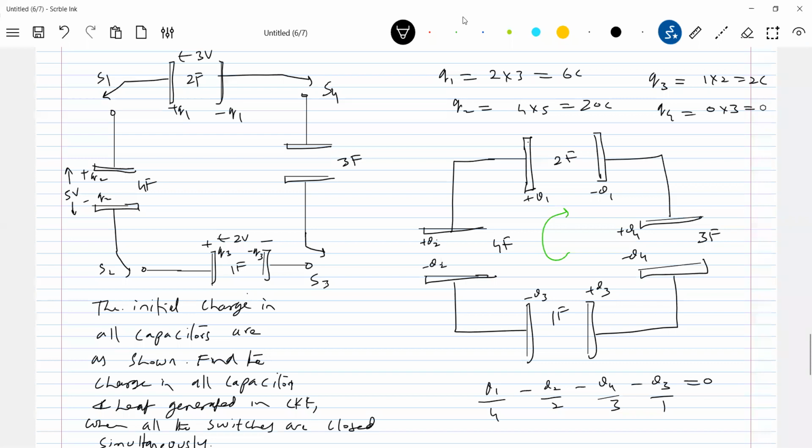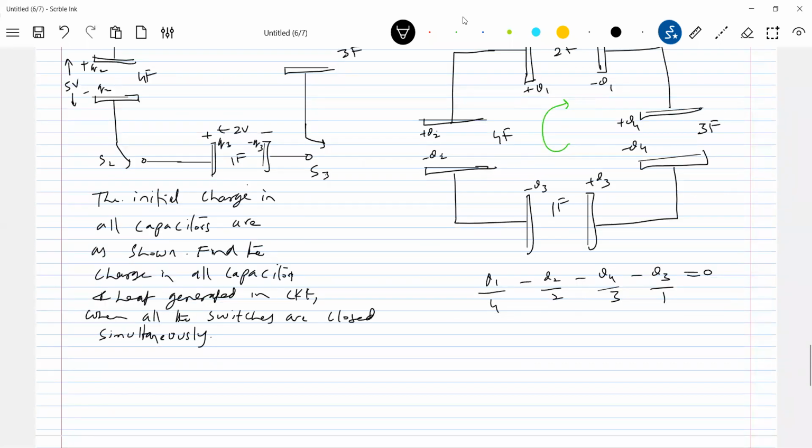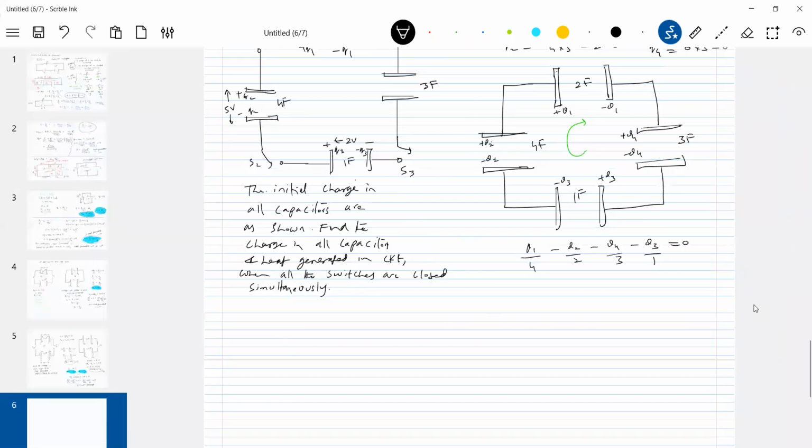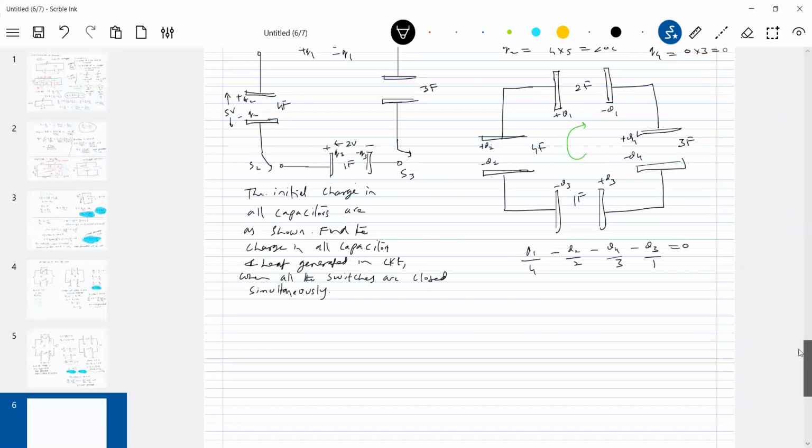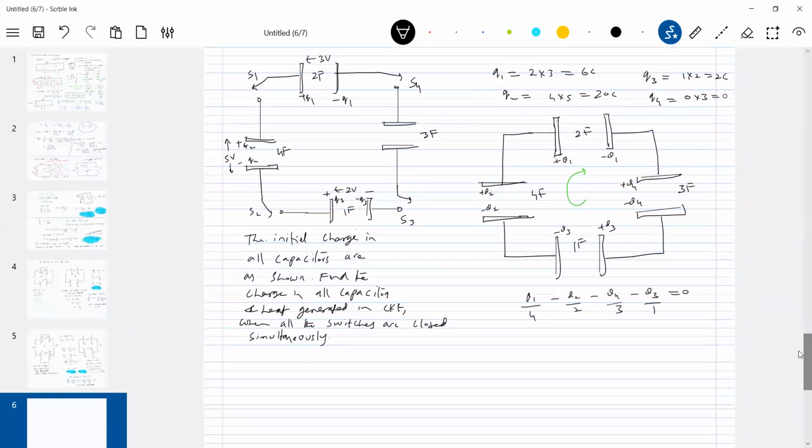Okay, we'll go for the junction at switch S1. Look at the junction S1. The charge of these two plates should be conserved. So from that, write down the equation. At S1, the initial charge is Q1 plus Q2, and the final charge is Q1 plus Q2.